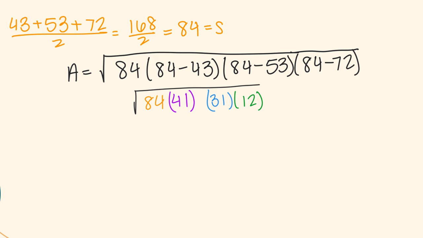I have my radical 84 times 41 times 31 times 12. I know that's a super large number. Okay, so 1,281,168, and then I'm just going to square root that. So go ahead and plug that into the calculator.